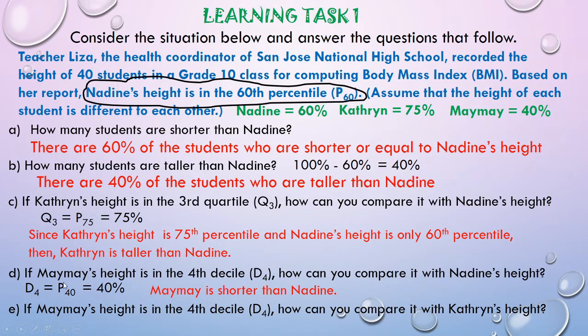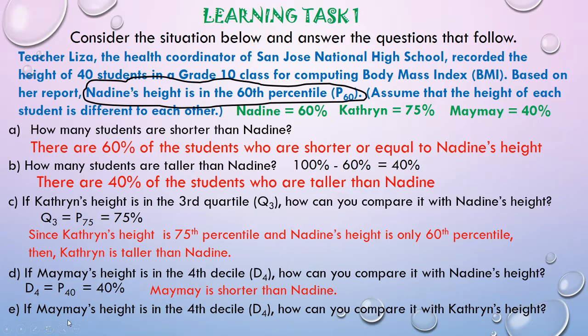Pwedeng sabihin, Nadine is taller than Maymay, pero si Maymay ang pinaka tinatanong dito. Although pareho lang ng meaning yung dalawa, let's follow what is being asked in the sentence. So, Maymay is shorter than Nadine.